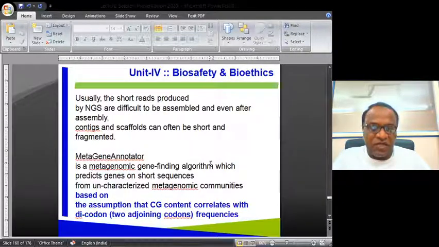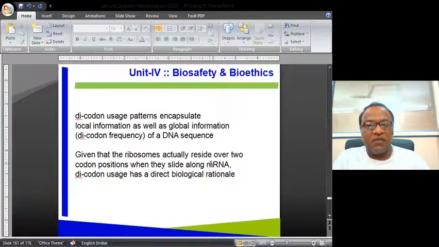Now it is based on the assumption that GC content correlates with dicodon frequencies. Dicodon frequencies, that is two adjoining codons, which is a latest approach in gene finding or gene prediction. Right? Now, the dicodon usage patterns, what does it do? It encapsulates both the locally available information as well as global information about the DNA sequence.